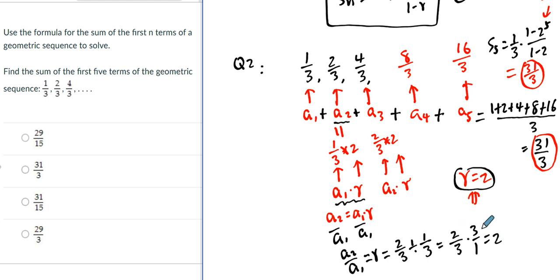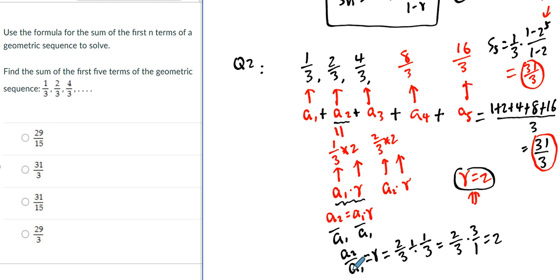That's the way to find the common ratio. Recall that the common ratio is the following term divided by the previous term. Do not get it opposite, do not use a1 divided by a2.